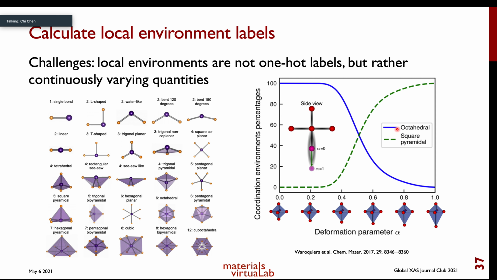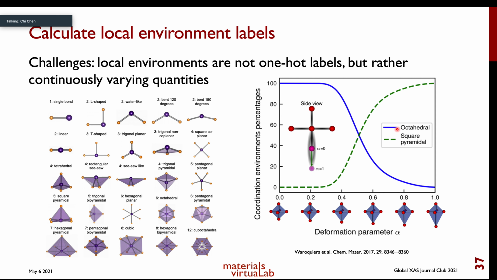And depending on the similarity score, you can know that okay, this environment is 80% octahedral or 20% tetrahedral. So that's represented as a continuous number instead of a binary label. So that's quite an innovation here.